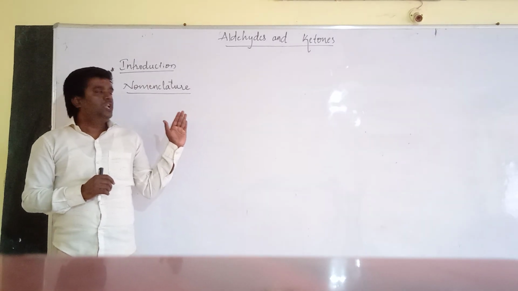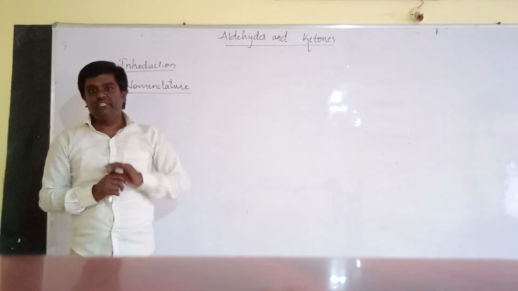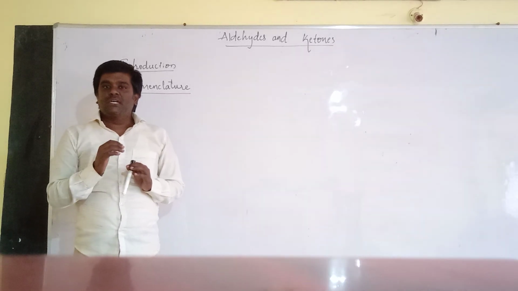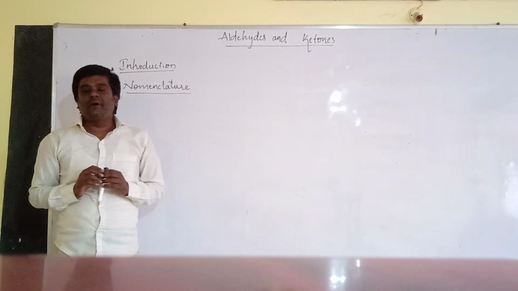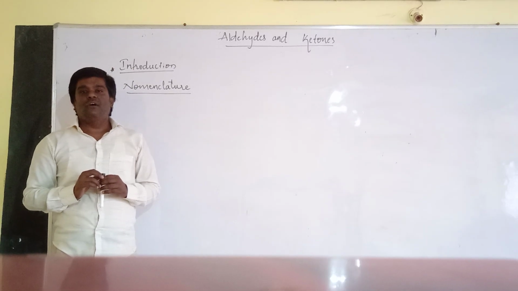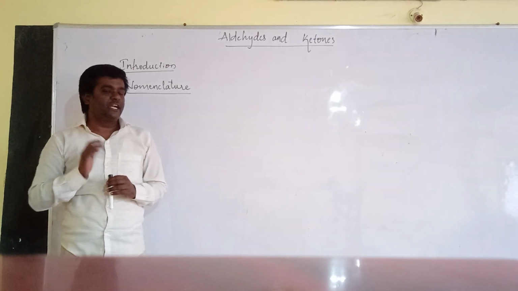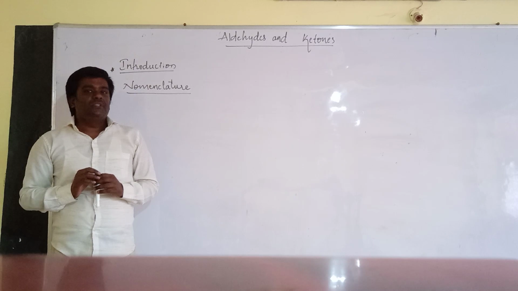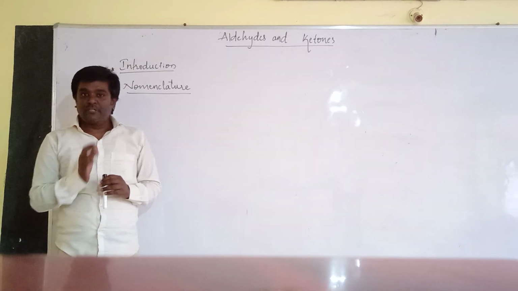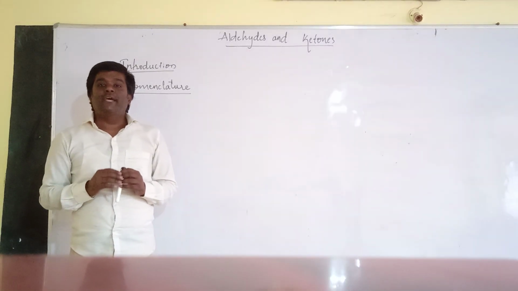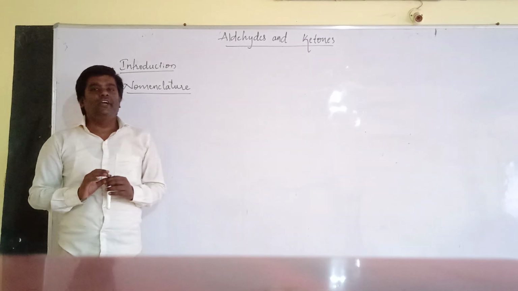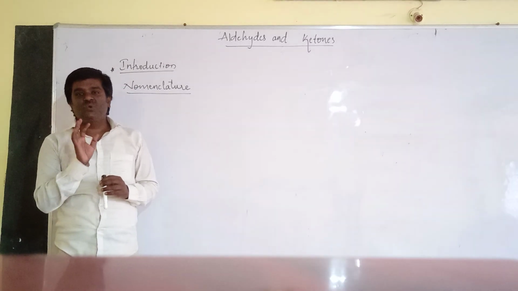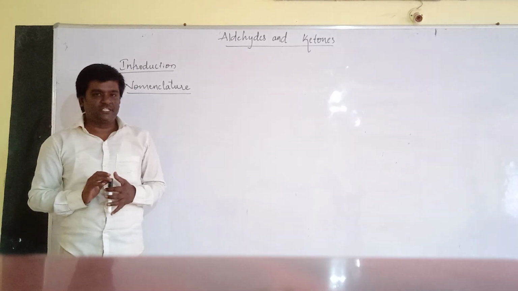Due to the delocalization of electrons towards the oxygen, the carbon gets a partial positive charge and the oxygen gets a partial negative charge. Due to the partial positive charge on the carbon atom, it can easily be attacked by a nucleophile. Therefore, it will undergo nucleophilic reactions.